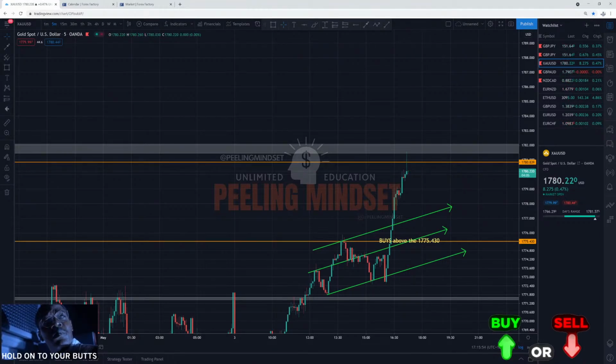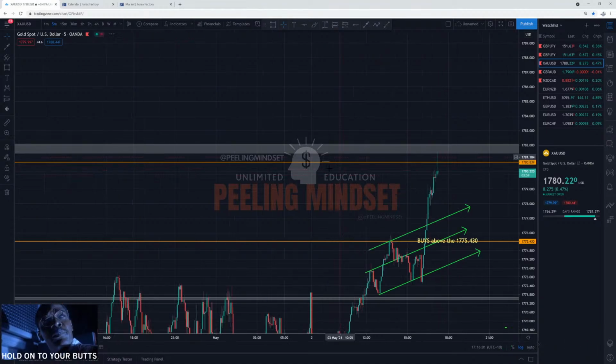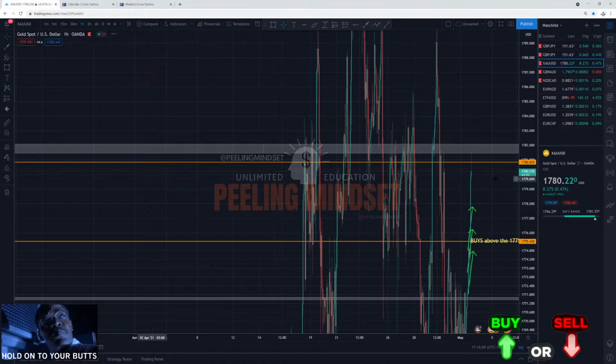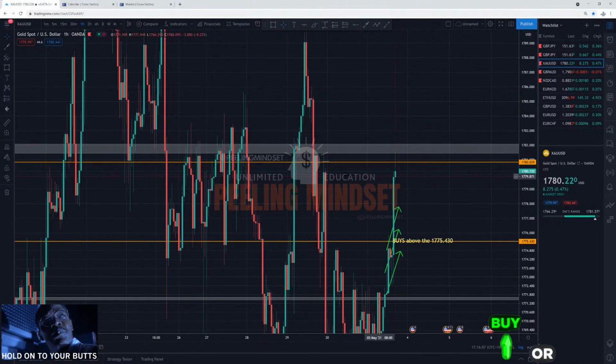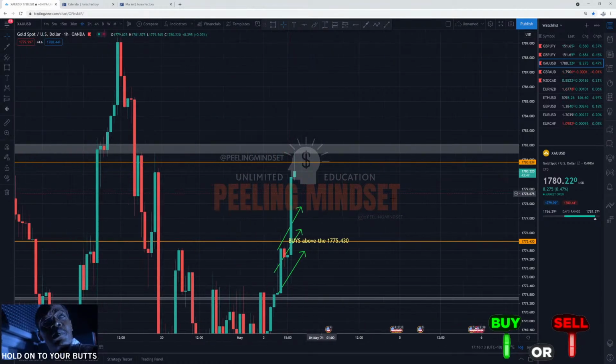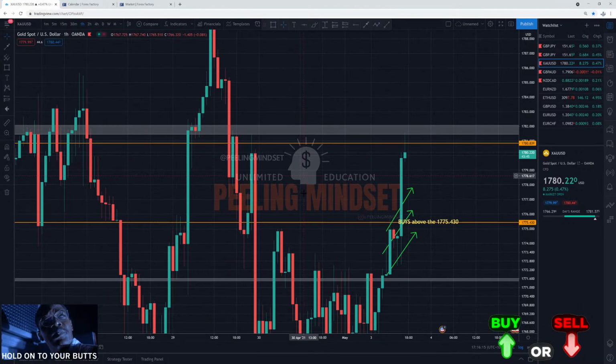1781.400 is a strong resistance. Oh, that's correct. That is a rejection point, as we discussed.